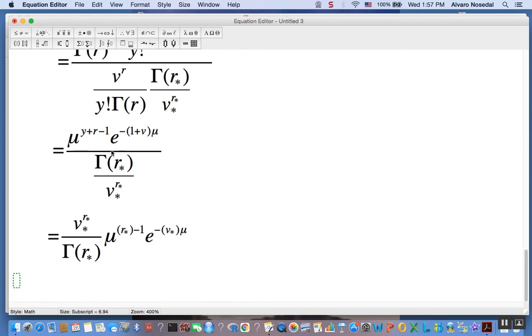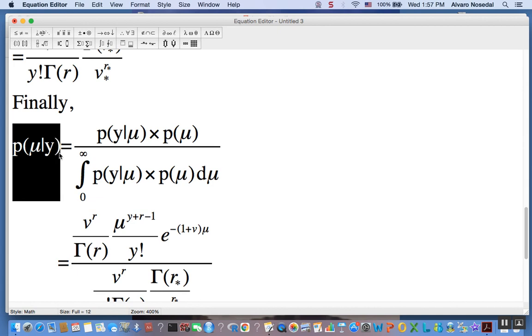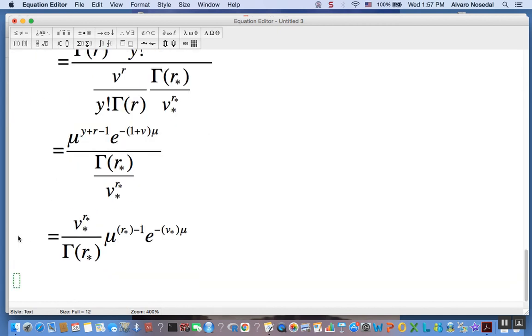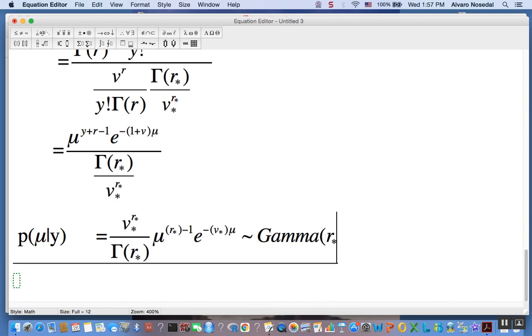We substituted that. So what we realize is that our posterior distribution is a gamma with parameters r star and v star. So we were right.